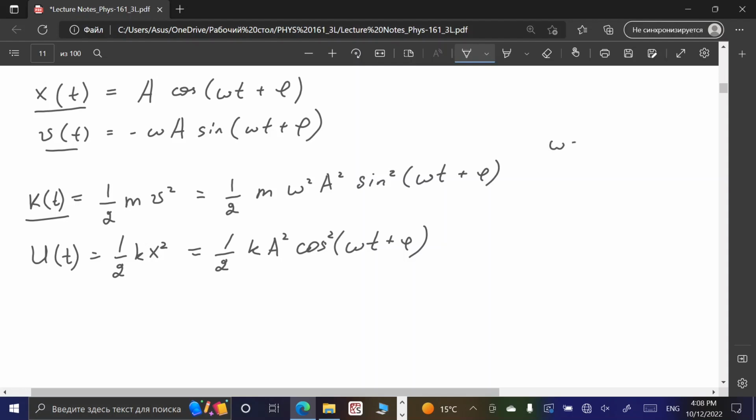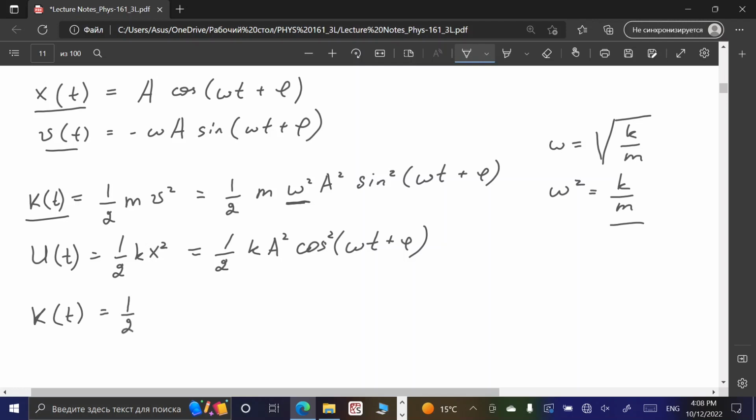So there was omega is equal to square root of k divided by m. So we can see in this expression for kinetic energy, here we have omega squared. So omega squared will be equal to k over m. Now let us substitute this k over m instead of omega squared for the kinetic energy versus time.